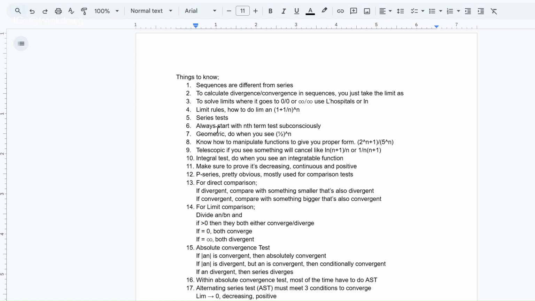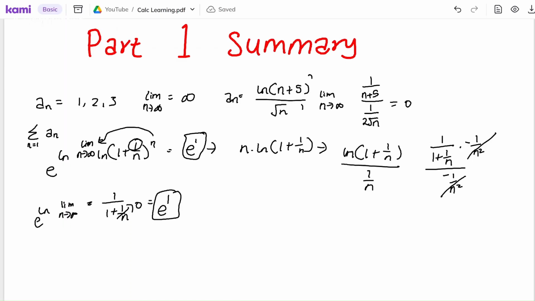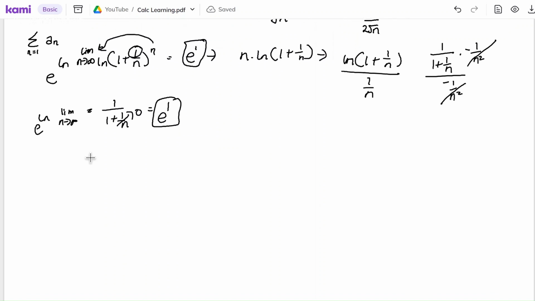So right here, we're going to start with the nth term test. Let's say you're given a series, like a random series, 1 over n squared, something like this. If you're advanced in calculus, you know that this is going to converge.